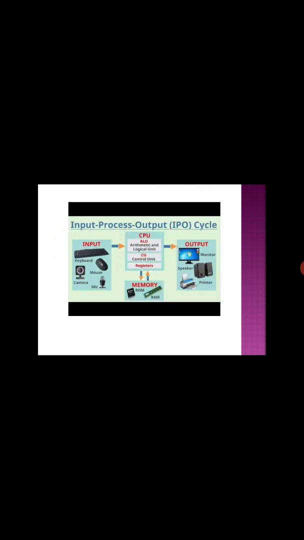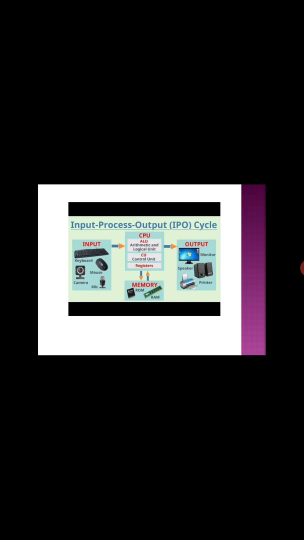Similarly, a computer takes inputs, processes them, and gives us the required results as output. So in this picture you can see some of the input devices: keyboard, mouse, camera, mic, and some output devices: monitor, speaker, printer.